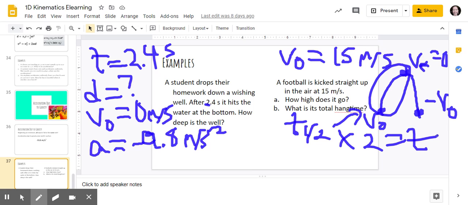And so I'd probably use the first of the big three to solve for time. And then from there, you can use your newfound time to find how high it goes, to find your displacement. How high it goes, you're going to want to use half the time. Hang time, you're going to want to use the full time.